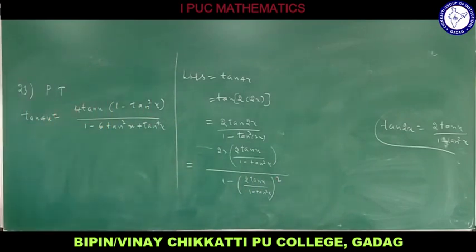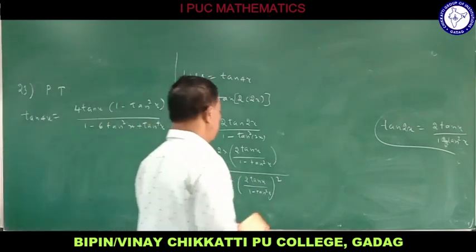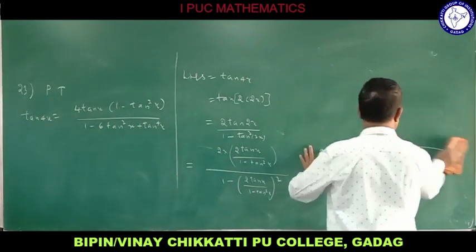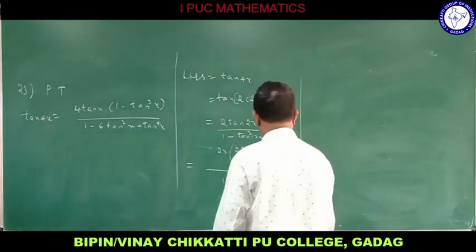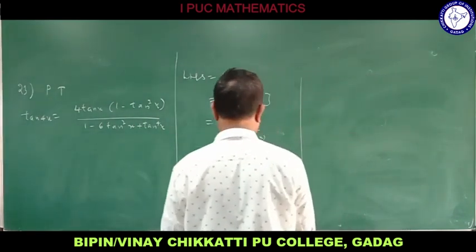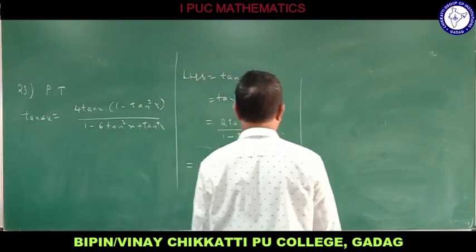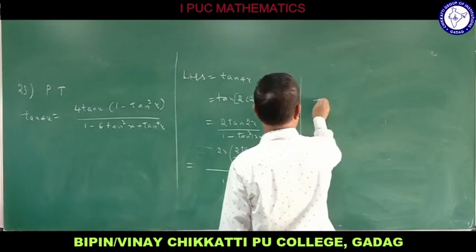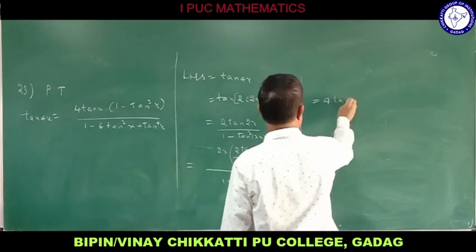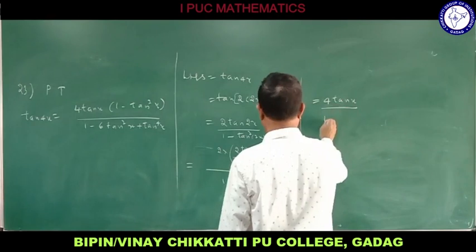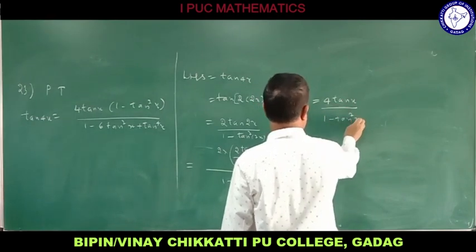So 2 into 2 is nothing but 4. So this is equal to 4 tan x divided by 1 minus tan square x.